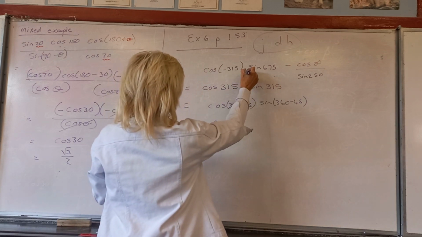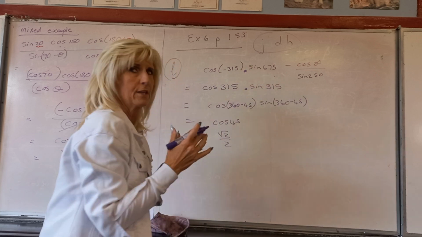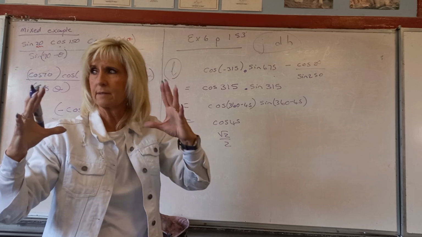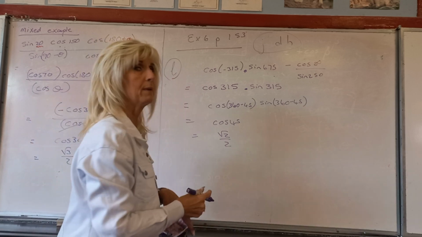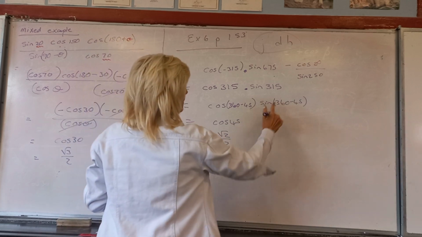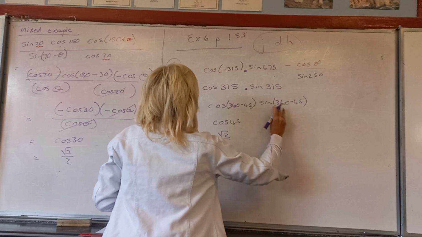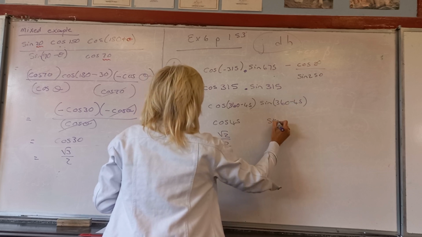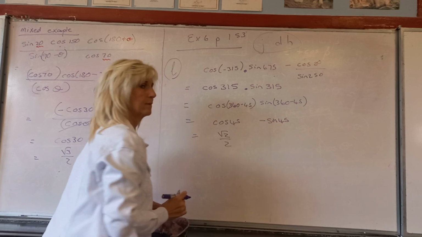And if you are scared that you're going to forget, put it in big brackets. But don't start adding where you should be multiplying, because it can be very technical. So this will then become, tell me, sin 45, right? Negative.